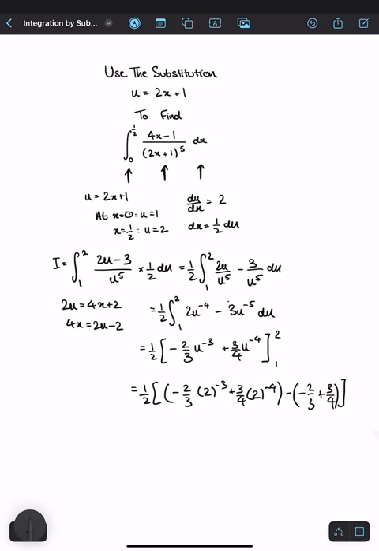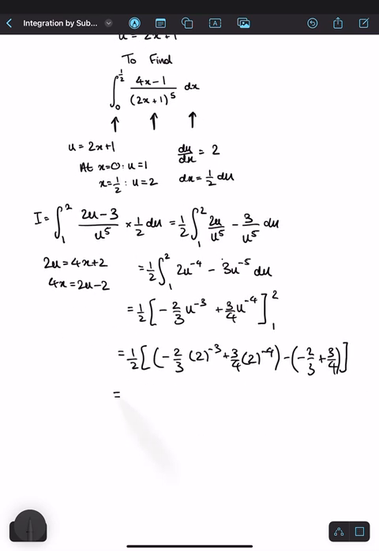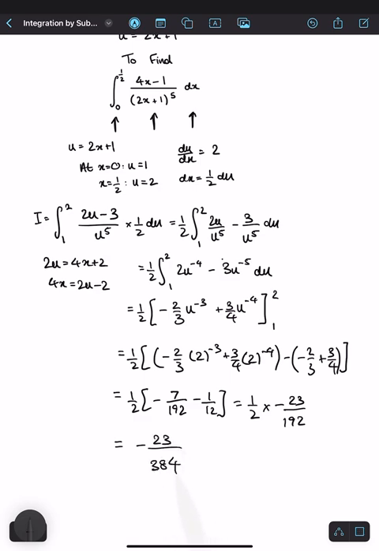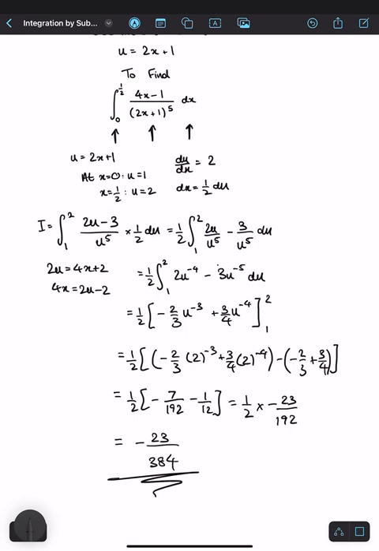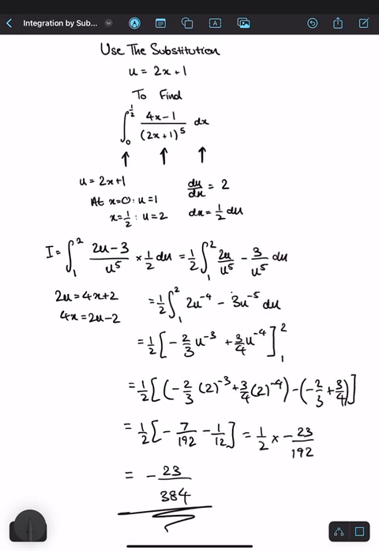And now if we evaluate the things inside our round brackets, you get a half, minus 7 over 192, subtract 1 over 12. The thing inside our square bracket evaluates to minus 23 over 192. And once you multiply these out, you get minus 23 over 384. And this is the answer to our integral using the u substitution.